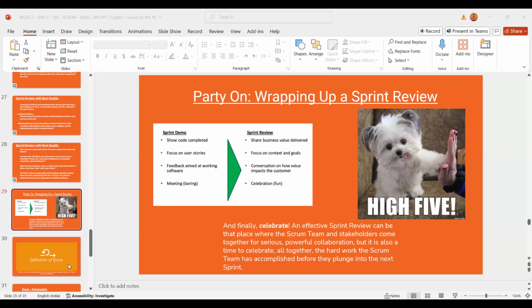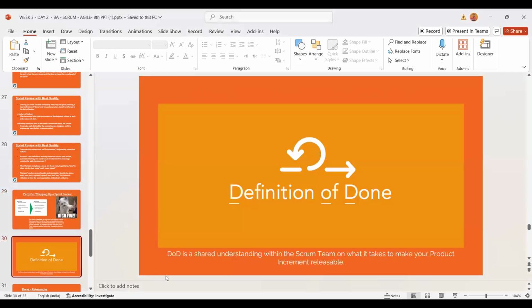So let's look at definition of done further. What is DOD? It is a shared understanding within the Scrum team on what it takes to make your product increment releasable. So when can you say that your product is ready to be incremented, or ready to release.